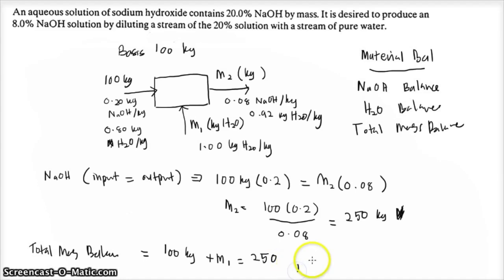In the end, M1 is 250 minus 100 kilograms, which equals 150 kilograms. So for M1, there's 150 kilograms of water added to 100 kilograms of 20% sodium hydroxide to make an 8% sodium hydroxide solution. That's how you solve a simple mass balance equation.